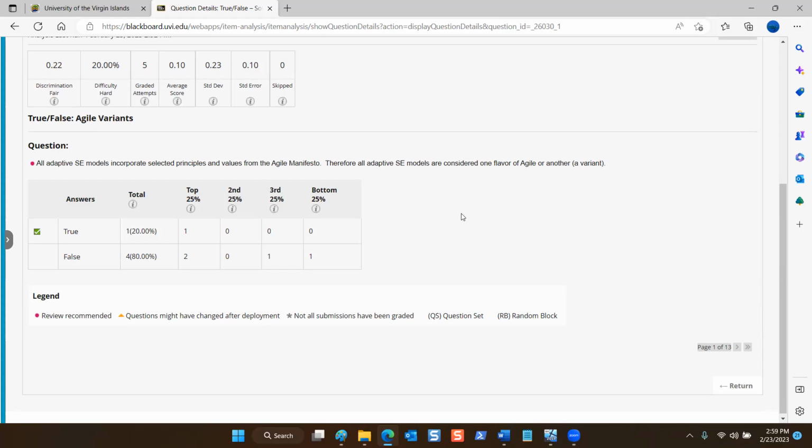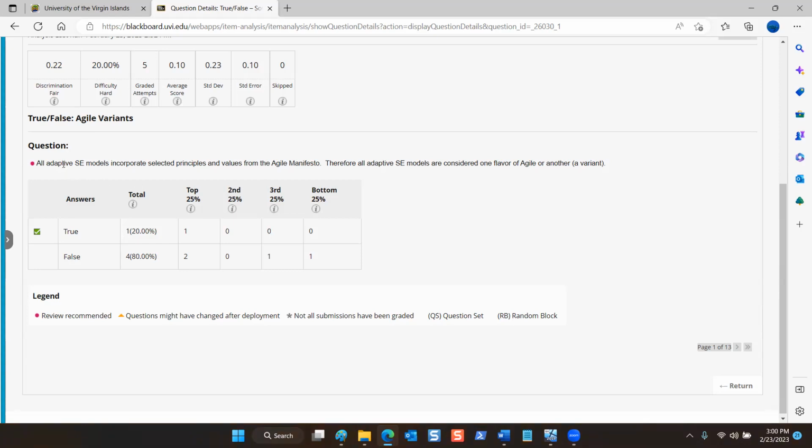Oh, well, I thought I made a similar statement in the study guide, and I even stated in class, it's the principles of the Agile Manifesto that are present in every one of the models in some form or fashion. But that doesn't mean that all the models work the same. I said something like that.